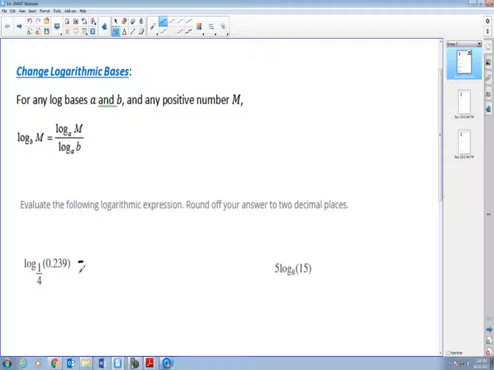So I can rewrite this expression as log with the base 10 of my m, 0.239, over log with the base 10 of my b, 1/4. If I cannot make the base the same, we can always use the change of base formula. And again, I can use base 10 or base e, which means I can use natural log as well.